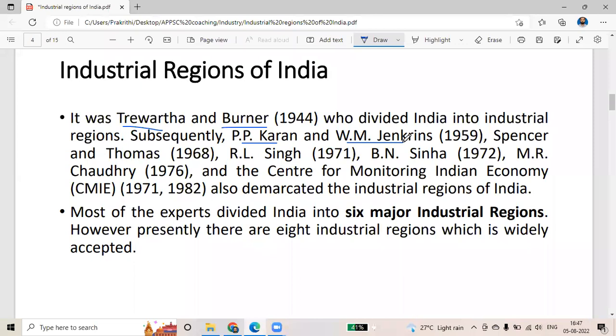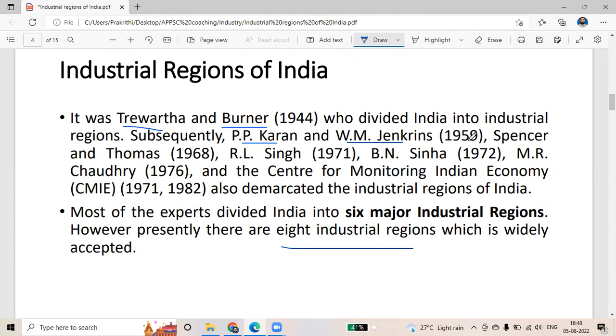So presently there are 8 major industrial regions which have been widely accepted. I will name one region, and within that region there will be multiple areas.